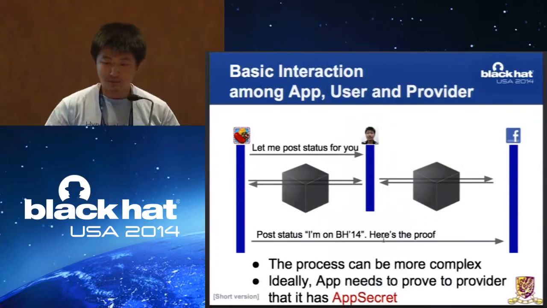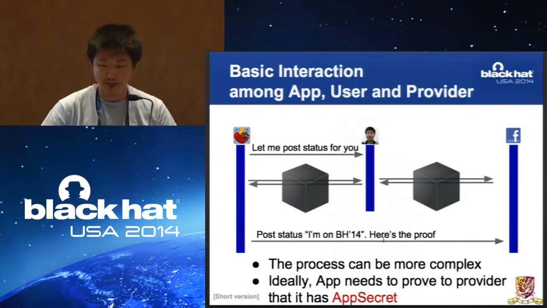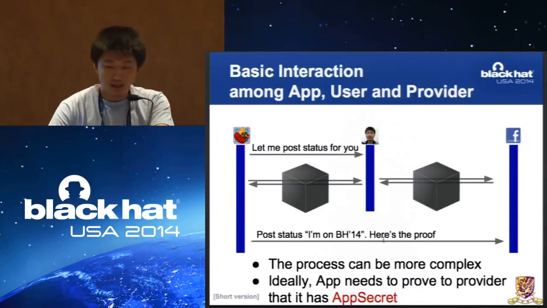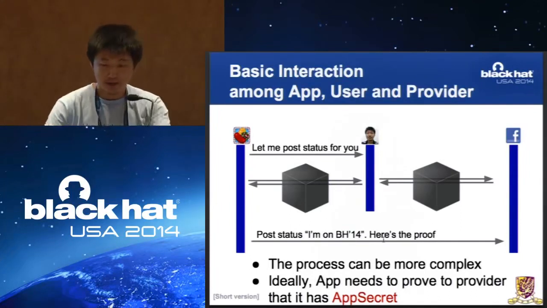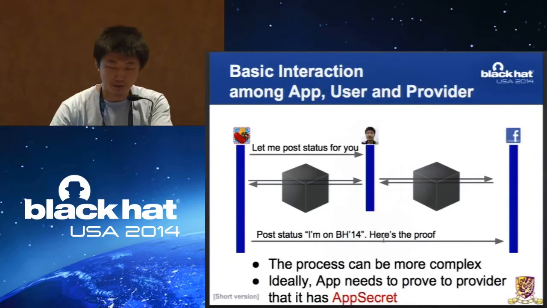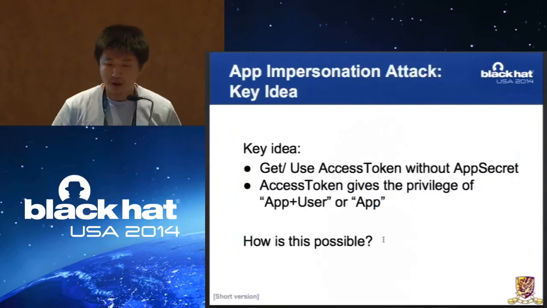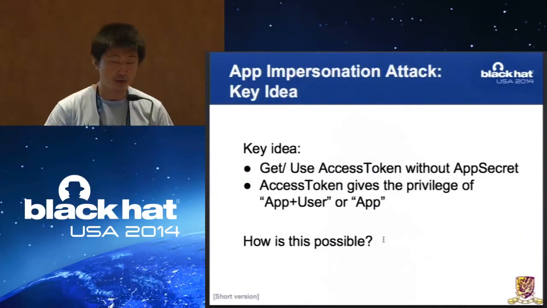Note that previously it was just a conceptual illustration, but the actual protocol can be more complex than that. The authorization process can be more involved. Also, ideally, the app has to prove to the provider that it has the app secret, or else other people can also do the operation. That's not good. So the key idea of the app impersonation attack is as follows.